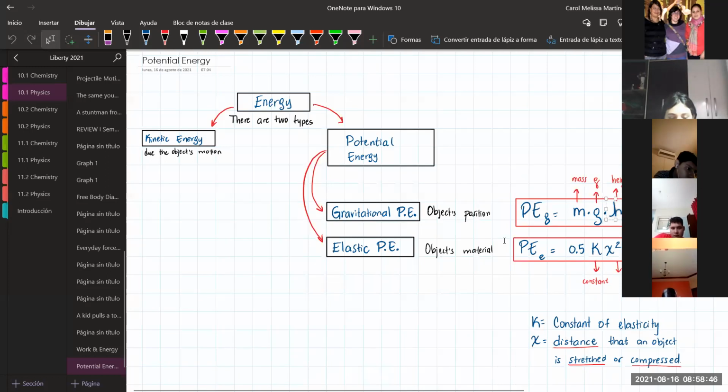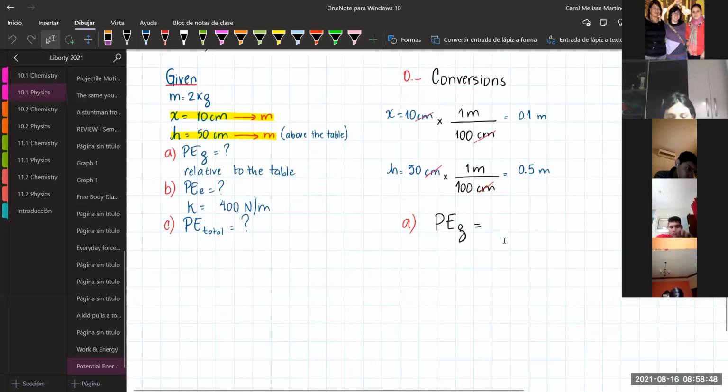So I'm going to copy the formula, and then I will plug in the givens. The mass is given in the problem, the gravity no, but you know the value of the gravity, so it is an implicit given. And you know the position of the object. So we just need to apply the formula.